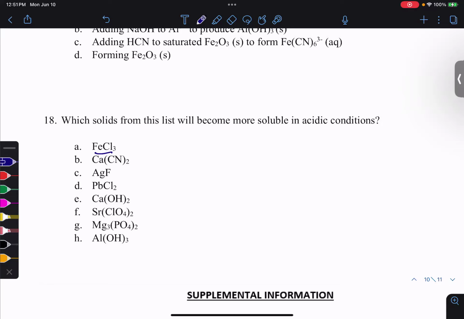Iron chloride is going to be what? Acidic, because the iron 3+ is a Lewis acid. Calcium cyanide. It's going to be basic because cyanide is the conjugate of HCN, which is a weak acid. So this one is going to be affected by pH changes. Okay, silver fluoride.